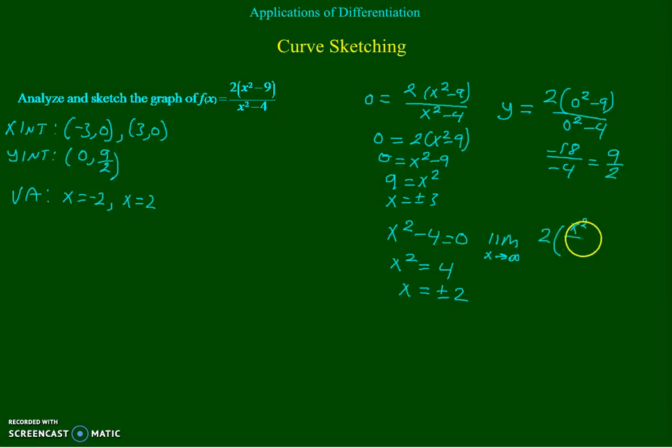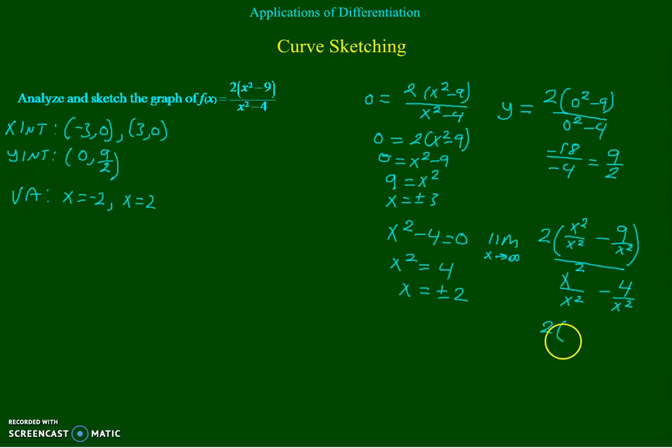So x squared over x squared minus 9 over x squared, over x squared over x squared minus 4 over x squared. The reason we did this, of course, is because if we just substitute infinity into x here, we'd have an indeterminate form. So that wouldn't work.